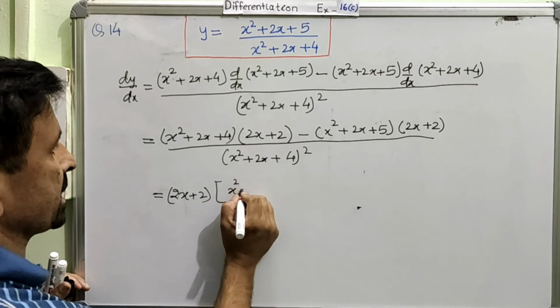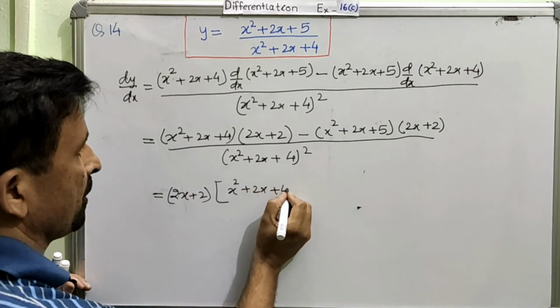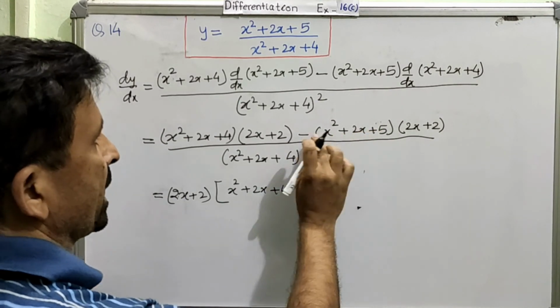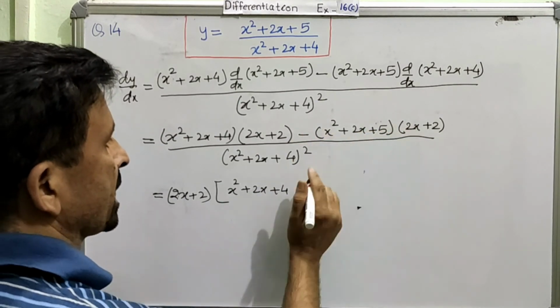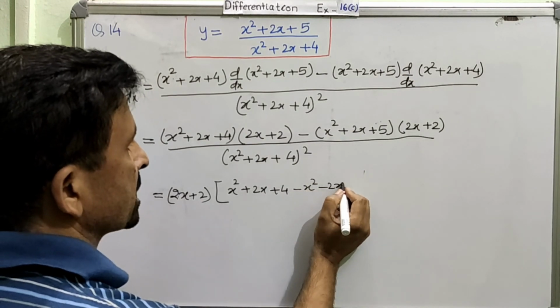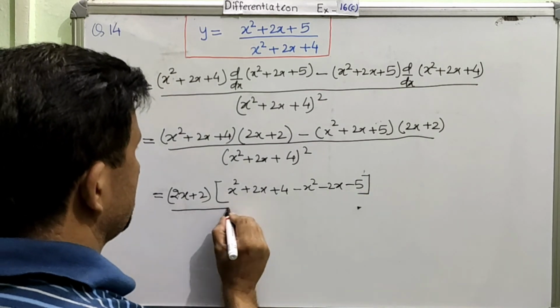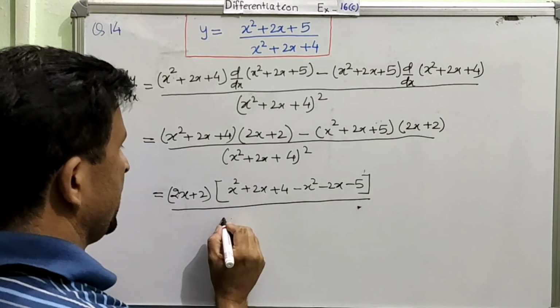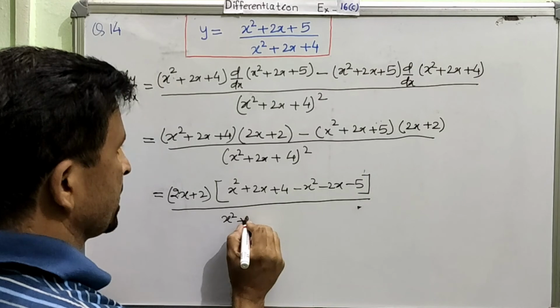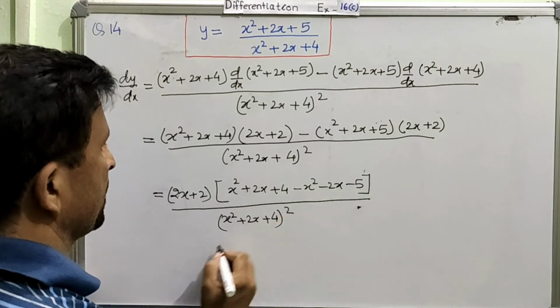From here you will get x square plus 2x plus 4, and from this part you will get the second bracket, and before that there is a minus sign, so inside all the signs will change. So minus x square minus 2x minus 5, right? Denominator once again as it is, x square plus 2x plus 4 whole square, right?